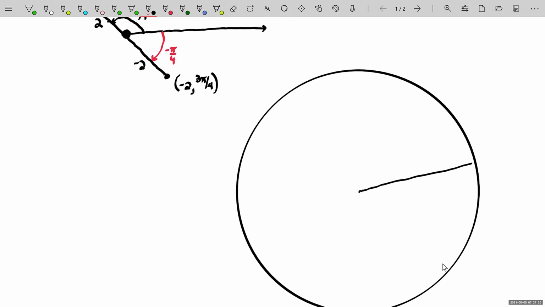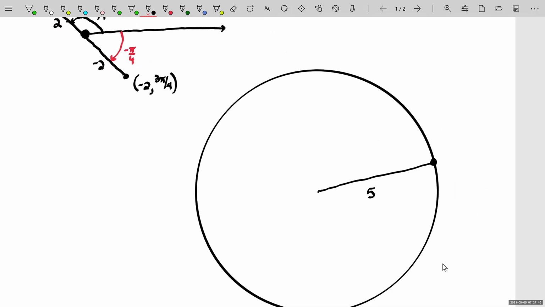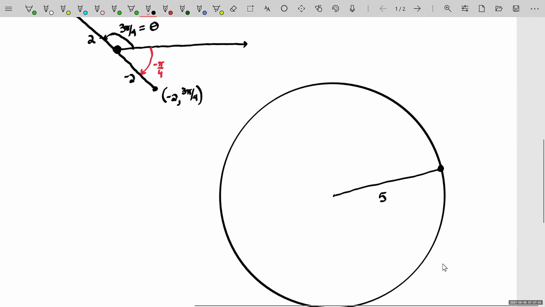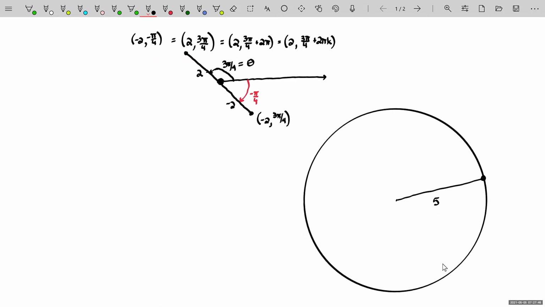Oops, that was supposed to be a 5, but for some reason it came out as an R in my brain. Then a point on that circle of radius 5 is no longer the cosine of theta, sine of theta. Instead, it's the radius times cosine of theta and the radius times sine of theta.